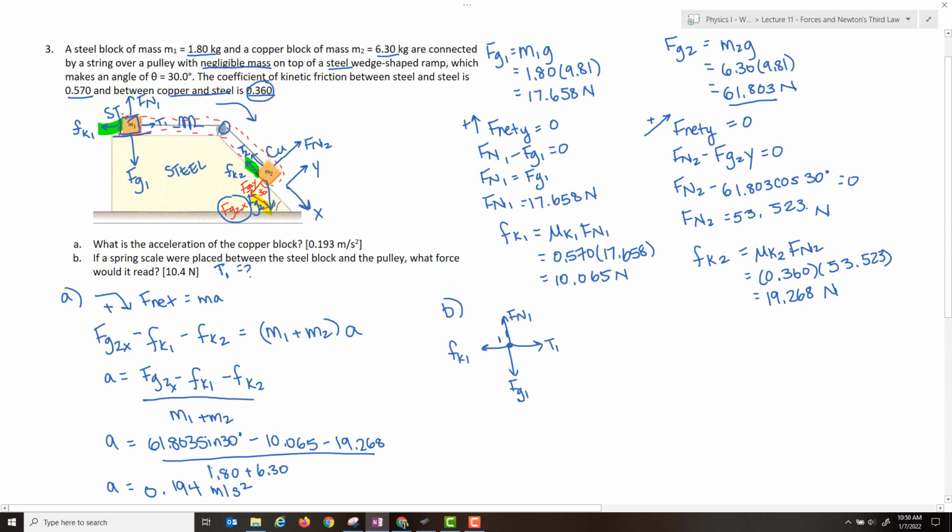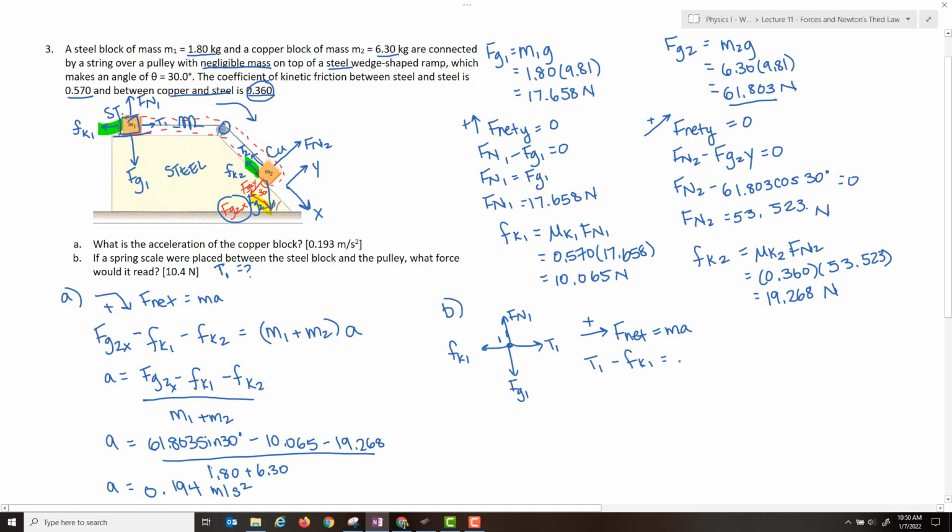Okay, so we already know the values of FG1, FN1, and FK1. We're looking for T1. Okay, so we're going to start with our Fnet equation. The whole system is moving to the right and down the ramp, so I'm going to say right is positive. Fnet equals MA. So my Fnet in this case, positive direction force is T1. My negative direction force is FK1.